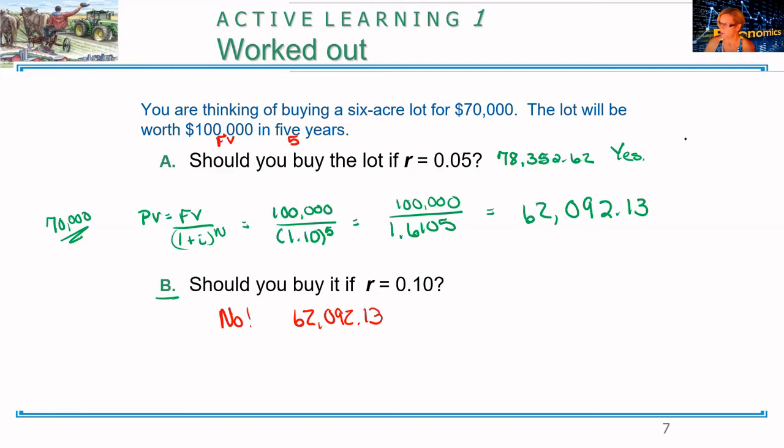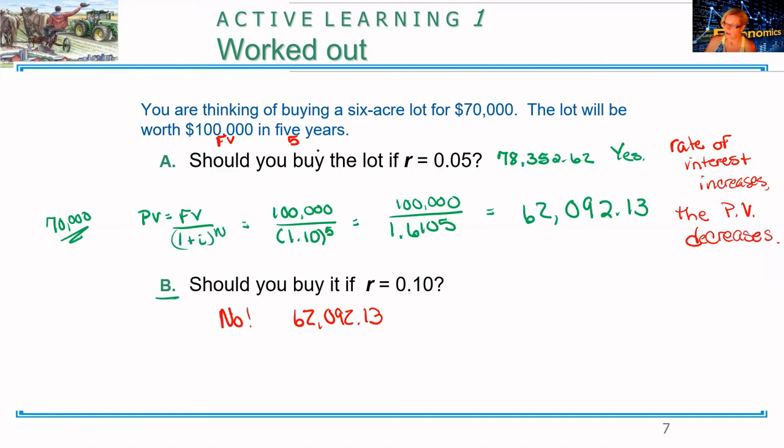So one of the things we're going to say is as the rate of interest increases or goes up, the present value decreases. And that kind of makes sense because that's the opportunity cost, right?